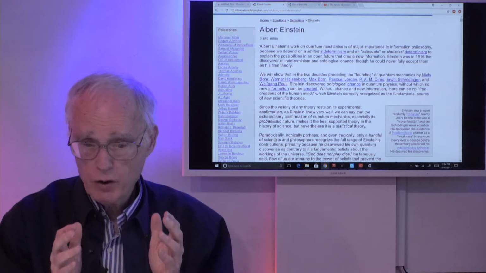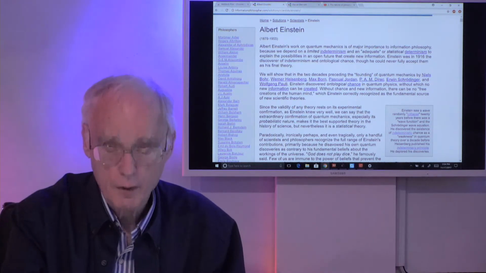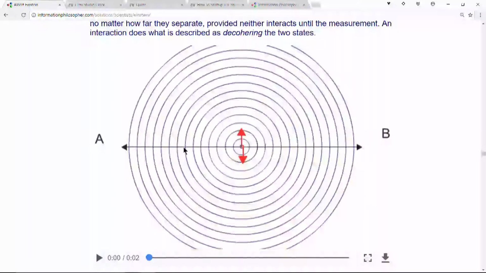Now, taking that back to our picture of the electrons moving apart, Einstein said, what if there's an objective reality, and in fact, any given particle always has the value it has at the beginning?